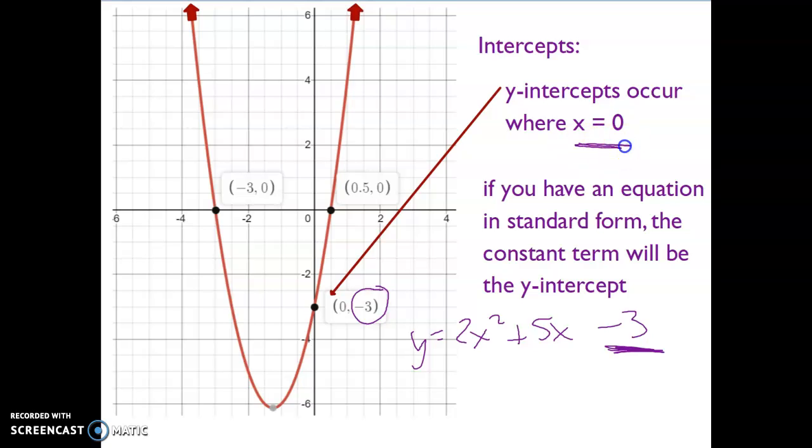The reason why is because that's where x equals 0. And if I put 0 in for all of my x's, the only thing that's not going to 0 away is this one. Both of those are going to become 0. And so what I'm going to be left with is -3. That only works if it's in standard form, but if it is in standard form, that's a quick way to find your y-intercept.